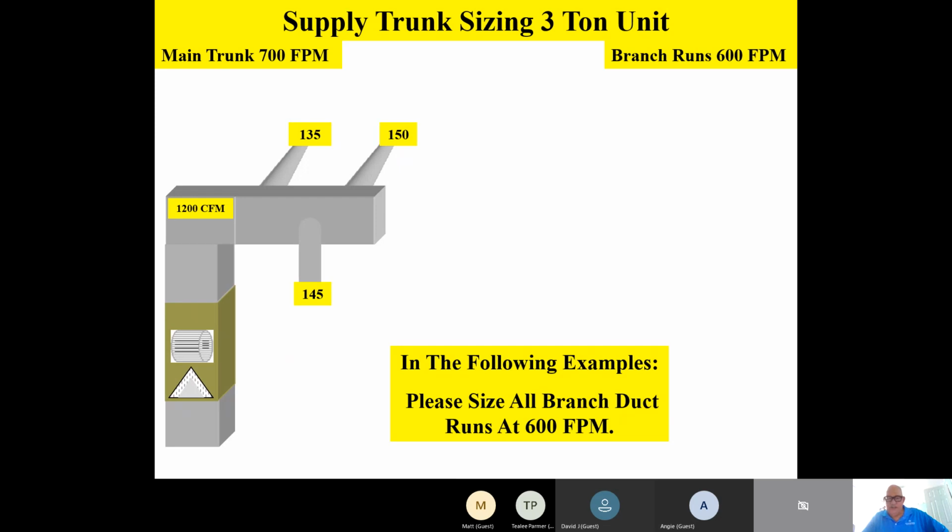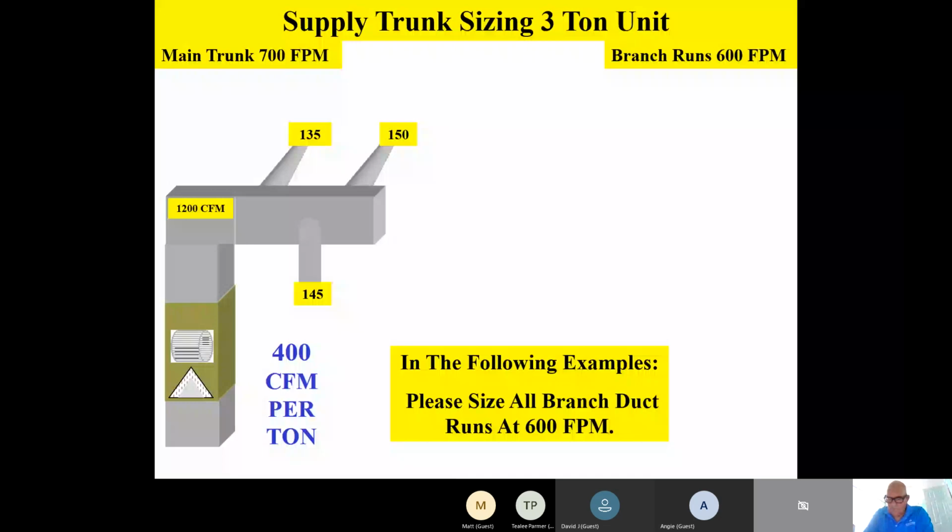Any questions or comments on how we derived what size ductwork to use based on a branch run velocity of 600 feet a minute and the amount of CFM required in each of the spaces we're indicating on our screen? All right, team. Take your smartphone and go to your calculator function.